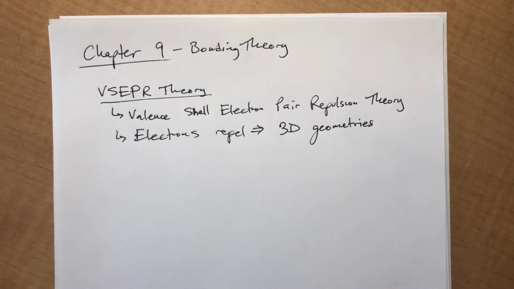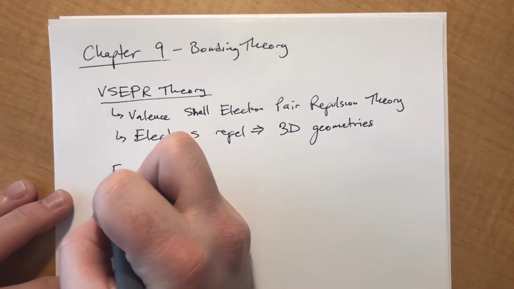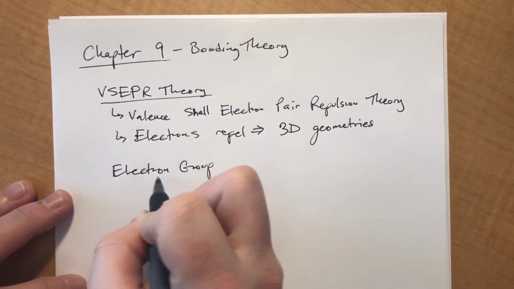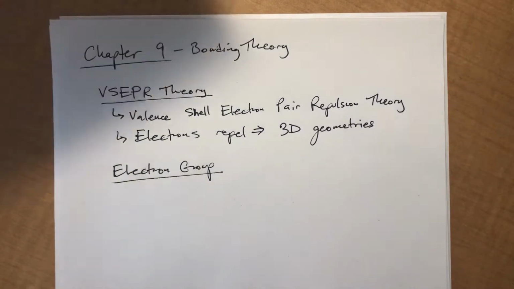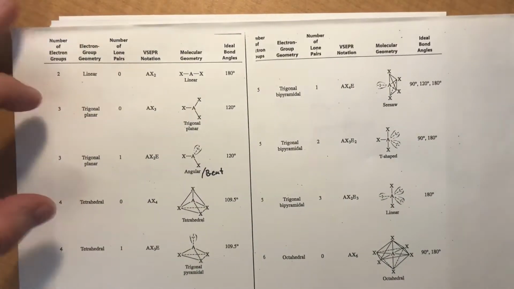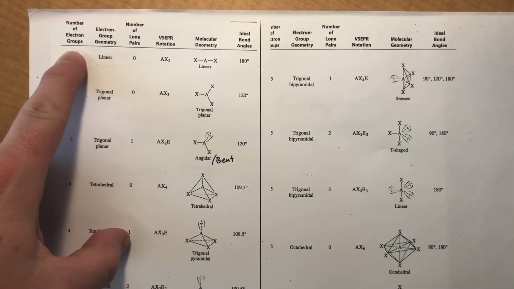So the first thing we need to do is define what counts as something called an electron group. Some textbooks call it different things. I am going to be posting a copy of this table for you guys to print out and use on exams, and they refer to it as electron groups, so that's what we're going to do.